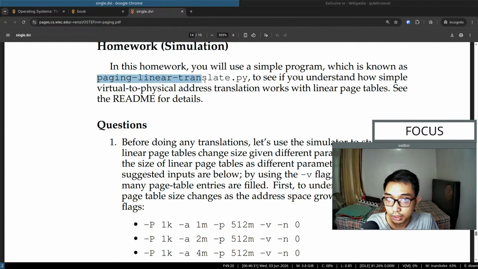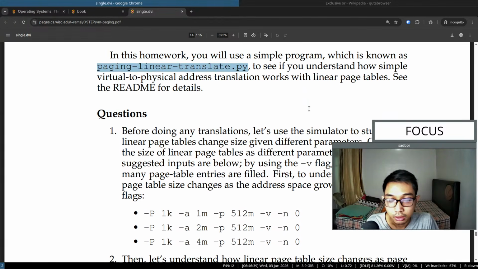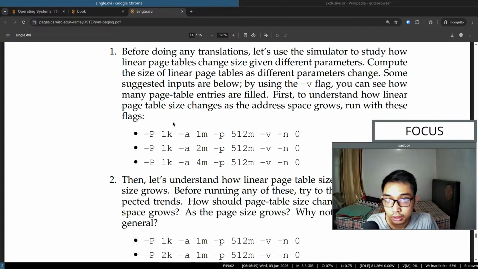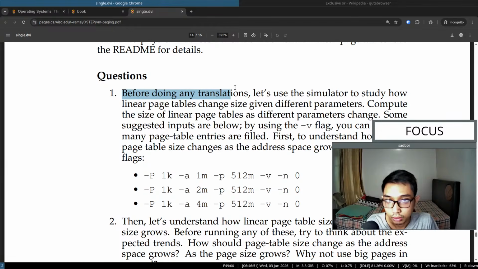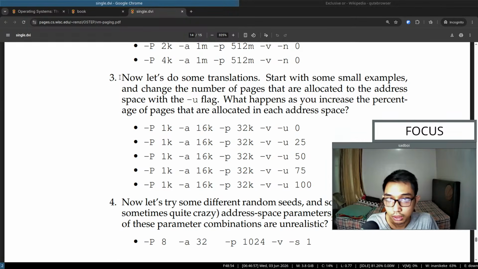Basically, we are checking out this Python script, paging linear translate, to see how the virtual to physical address translation works with a linear page table. We already took a look at question 1, question 2, and now we are in question 3.